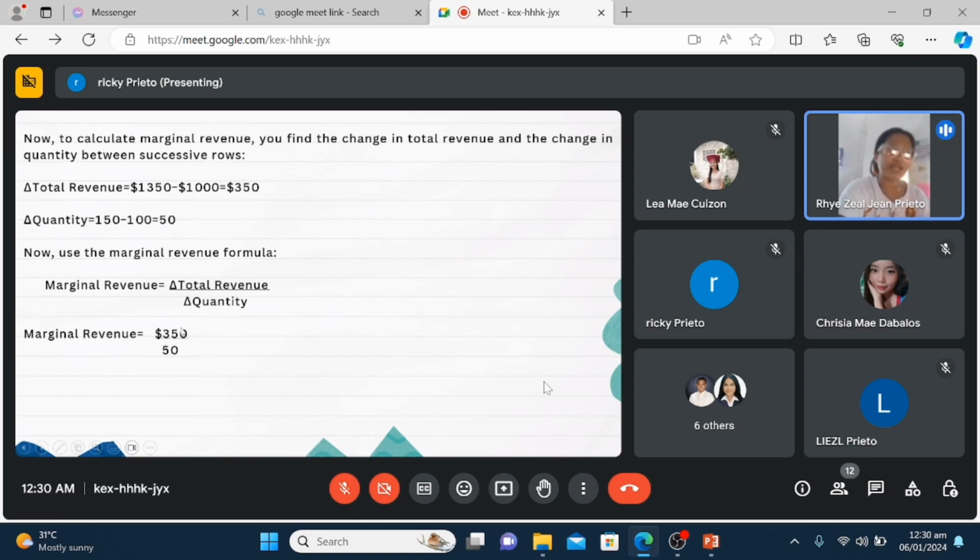So this is already given, ha. So $350 divided by 50. What do you think is the marginal revenue, class? No answer? I'll answer then.